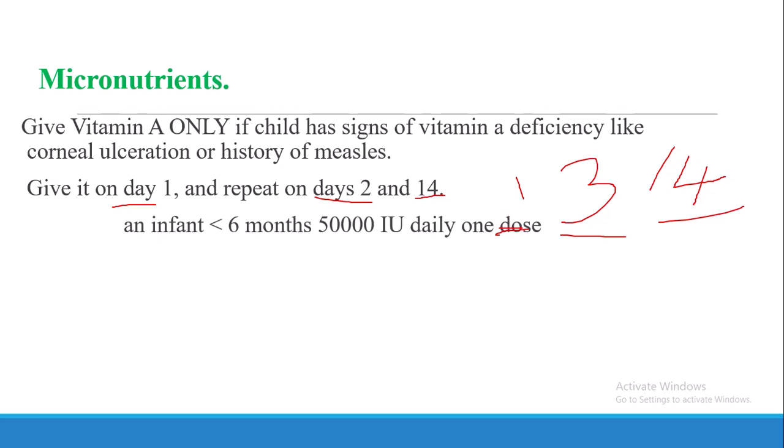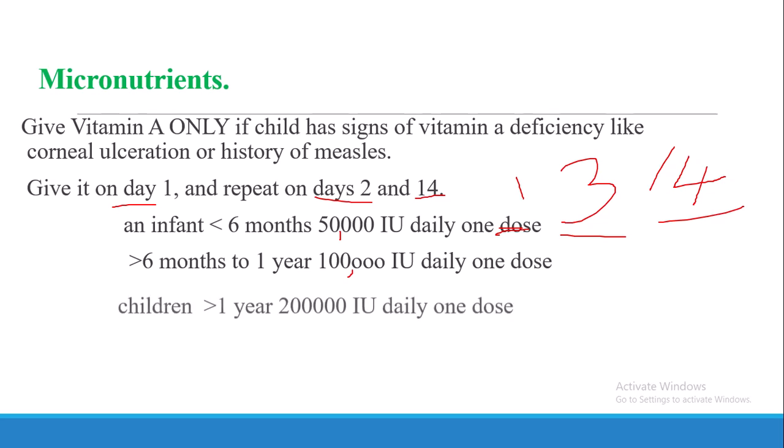What do you give? For an infant less than 6 months, you give 50,000 international units once a day. For those more than 6 months to 1 year, you give 100,000 international units once a day.